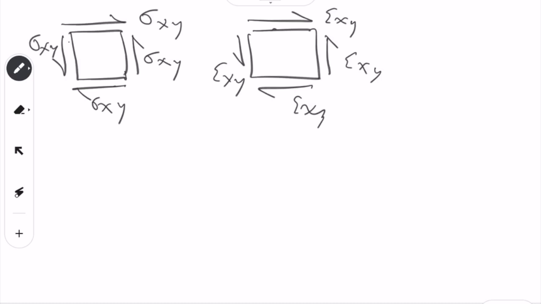What is the relationship? This is simply, you may be knowing, tau equal to G times gamma, right. This is same as saying sigma xy is equal to G times epsilon xy.